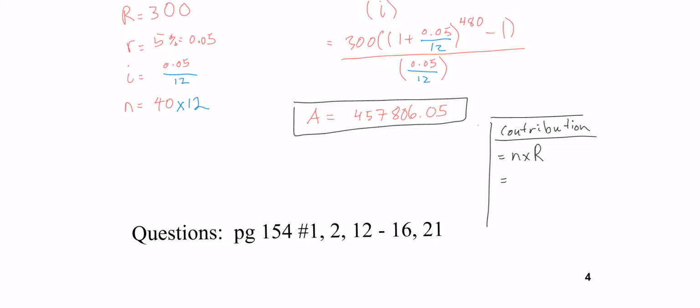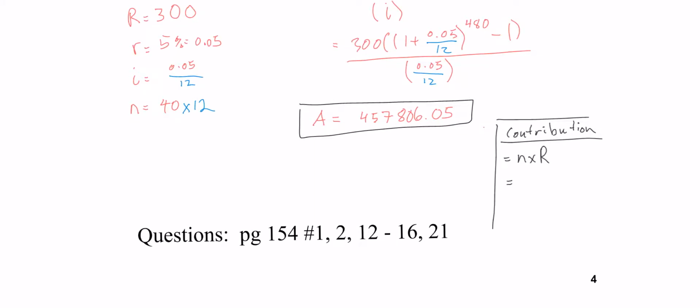So if I take 300 and multiply it by 480, that gives us our total contributions, $144,000.